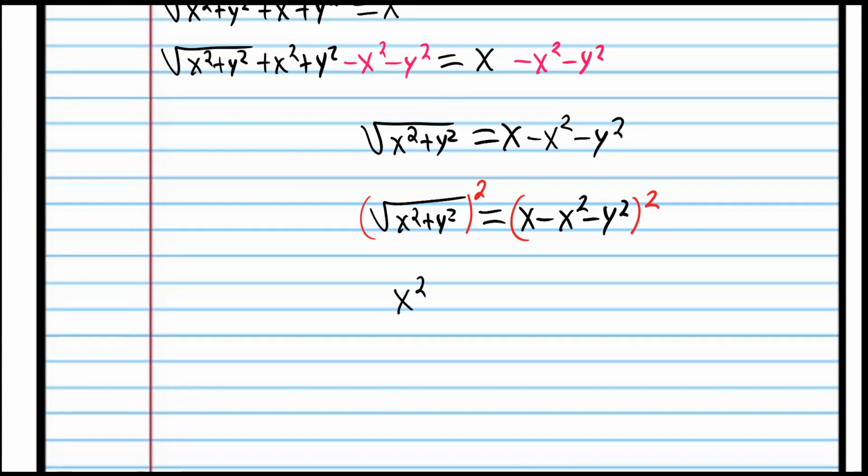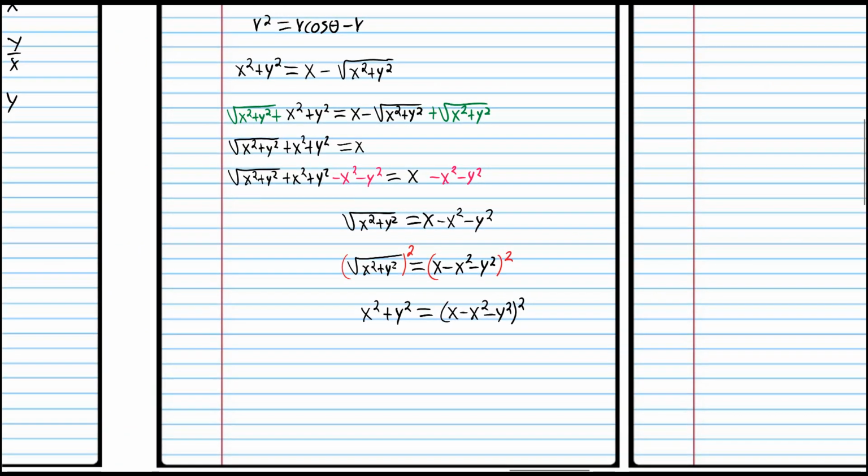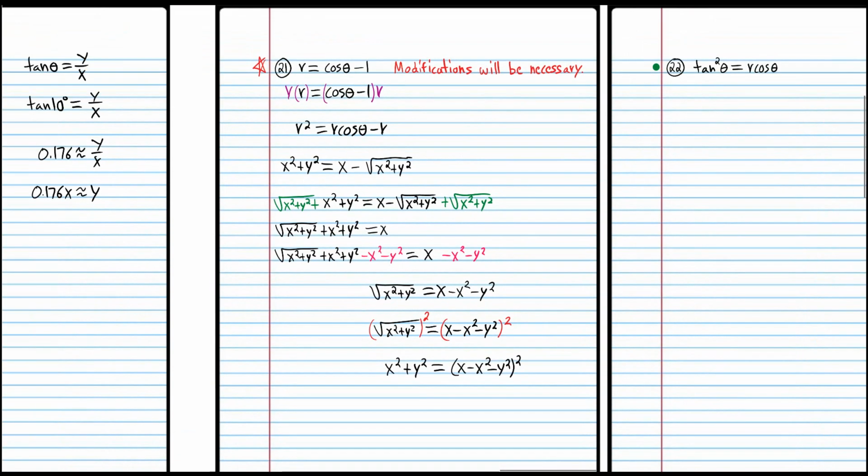So we have x squared plus y squared is equal to x minus x squared minus y squared, squared. So because we got rid of that square root, this blue equation down here does represent the polar equation that we started with in yellow up there completely.